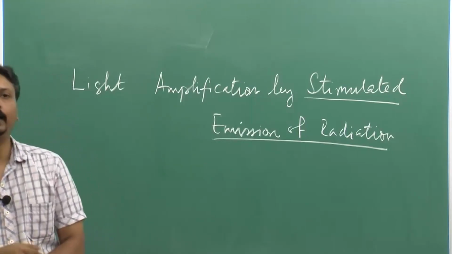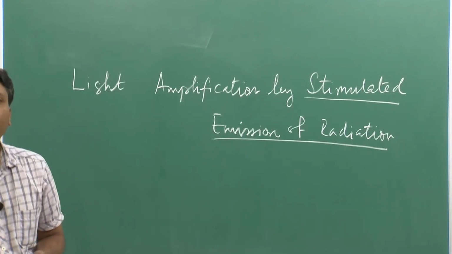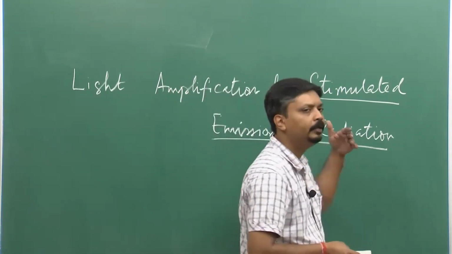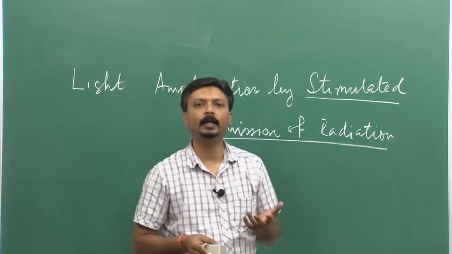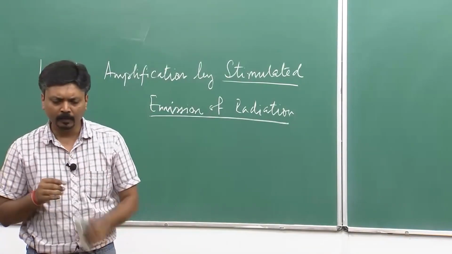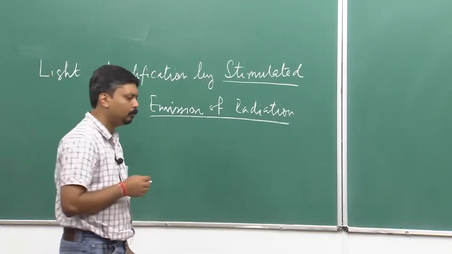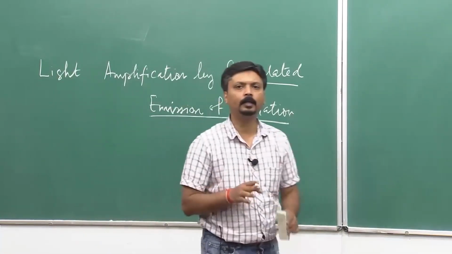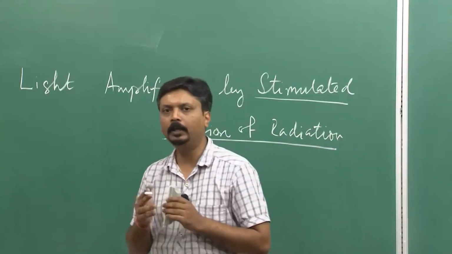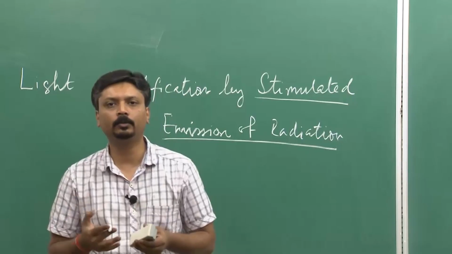Now, before we can start talking about stimulated emission of radiation, we should know what are the different processes that can take place when light interacts with matter. So, as we know that light can absorb or emit. Okay. So, how exactly is this absorption or emission process?